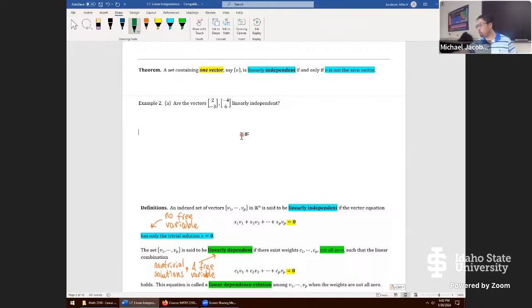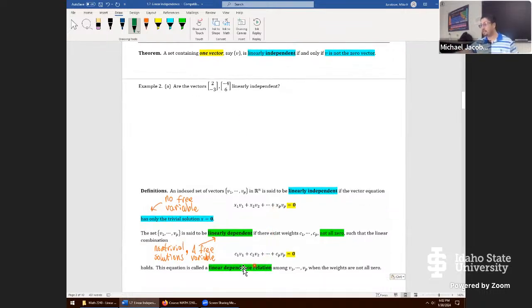We just have a feeling they should be dependent. Really, the honest 100% true proof is if it's dependent, we should be able to write down a dependence relation because we would have been able to find a free variable in the homogeneous system. Let's see if we can do that. So I'm thinking this equation here, I'm going to use x1, x2.